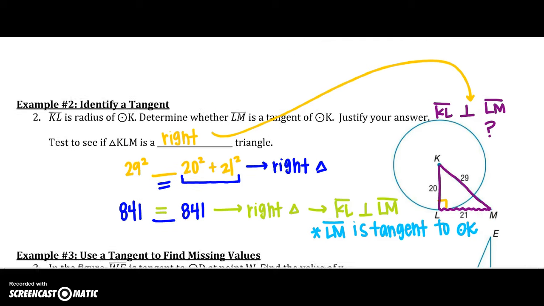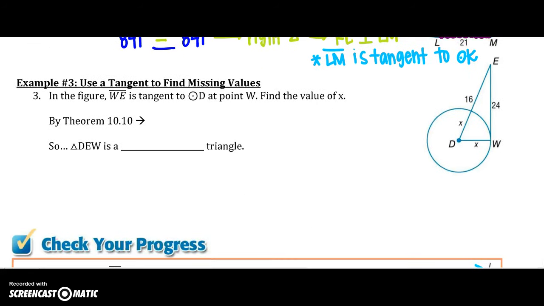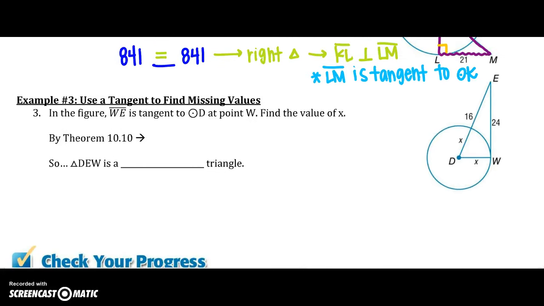Alright, another example that we can use before we get too far to our checkpoint. In the figure, WE is tangent to circle D. Because it's tangent, I know I have a perpendicular. I need to find x, or I need to find our radius.